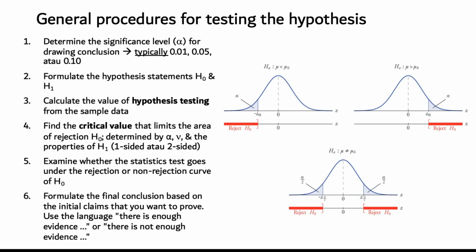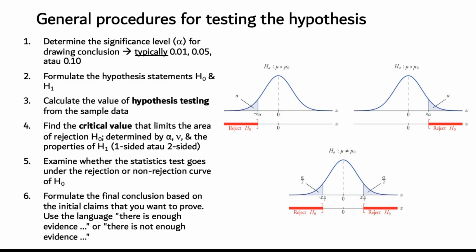First, we have to determine the significance level, or alpha, for drawing conclusion. Typically, we use 0.01, 0.05, or 0.1. Next, we have to formulate the hypothesis statement H0 and H1.